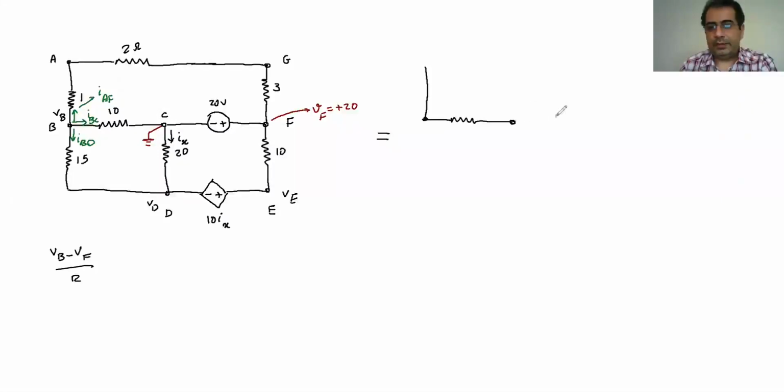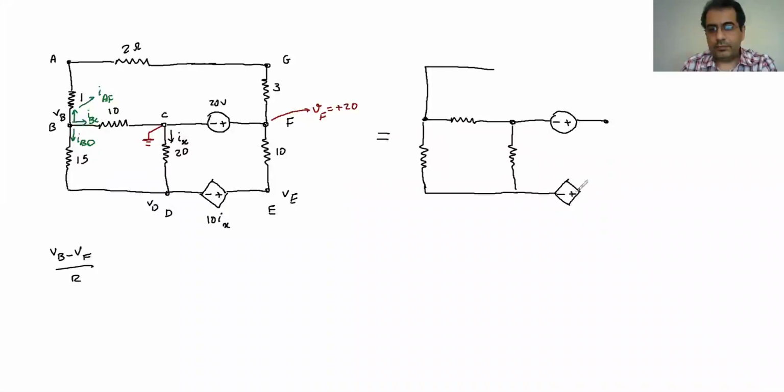It's a point C, and then I have it going to point F. It's going to be 15 here, and then I have this here, this here, and this one.